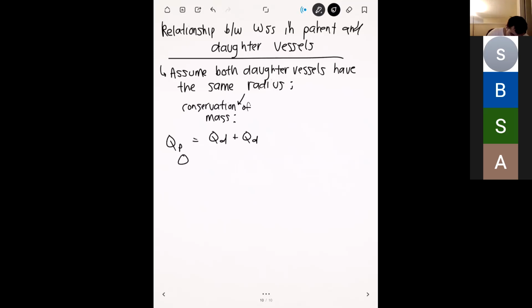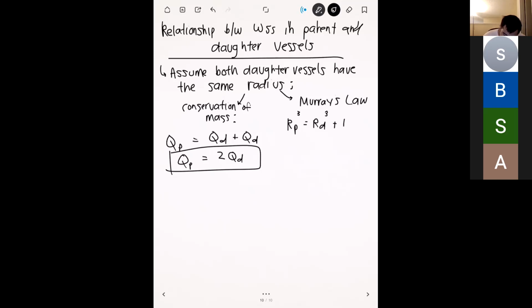Okay, and so we have QP is equal to 2 QD. Right. And so that's conservation of mass. And we can also write an expression for Murray's law. Okay. So Murray's law states that RP cubed is equal to RD cubed plus RD cubed. Okay. And if both of these are the same, we have RP cubed is equal to 2 RD cubed.